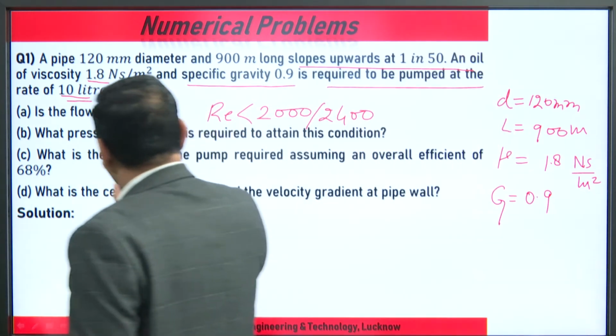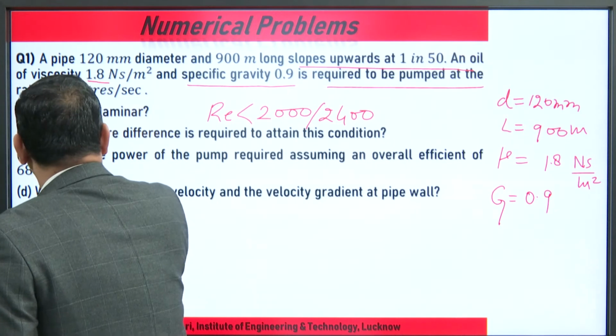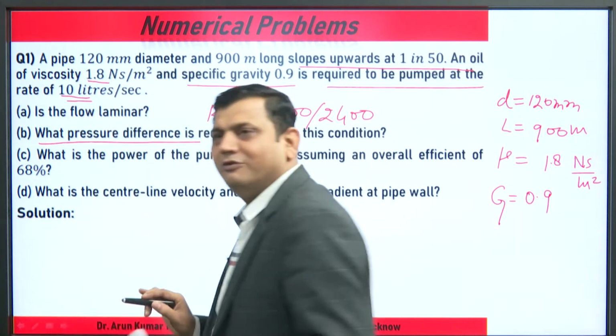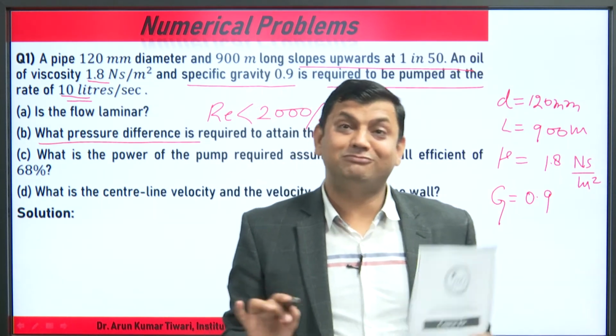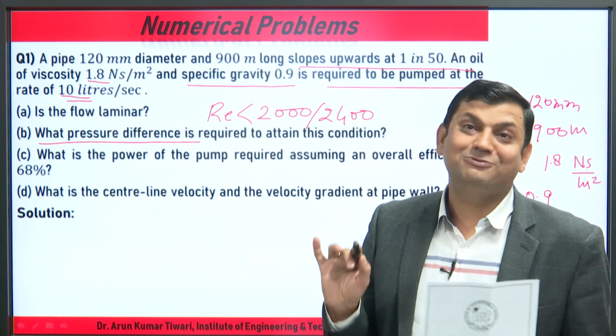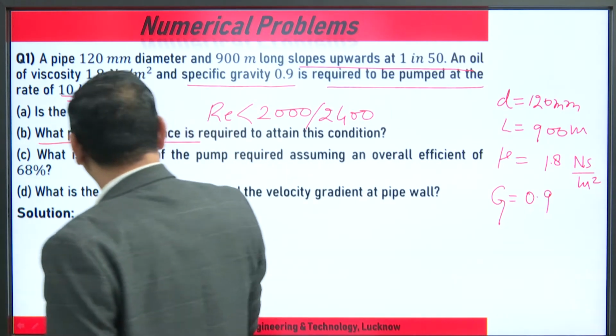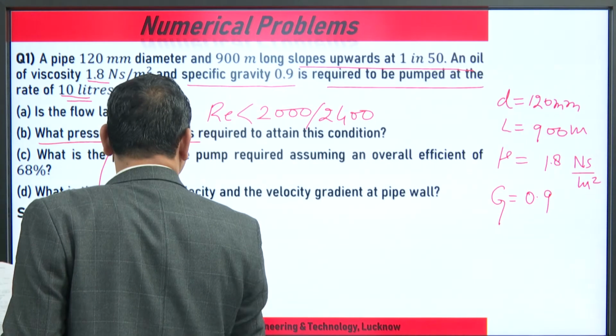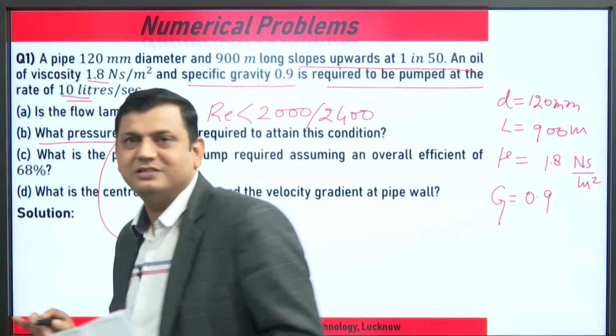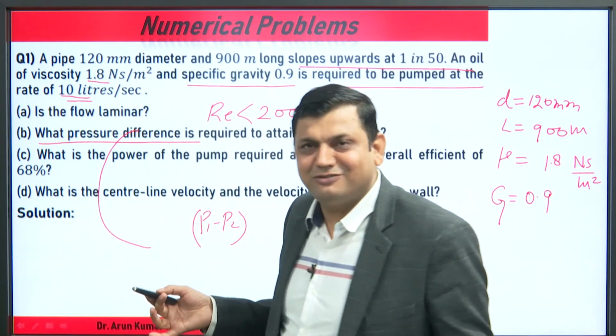Second, what is the pressure difference? How do you calculate it? Only one way, on the basis of the Bernoulli equation. The pressure difference is P1 minus P2. What is the Bernoulli equation?